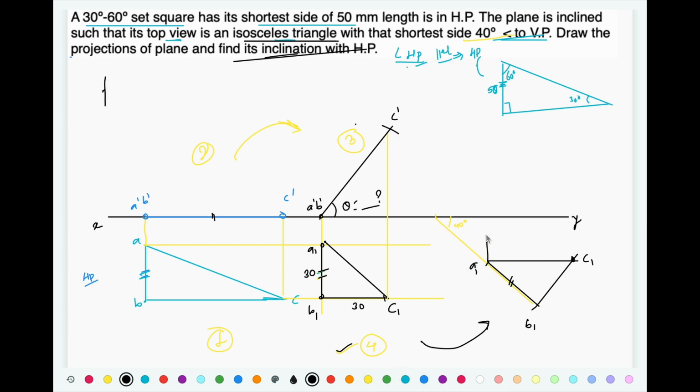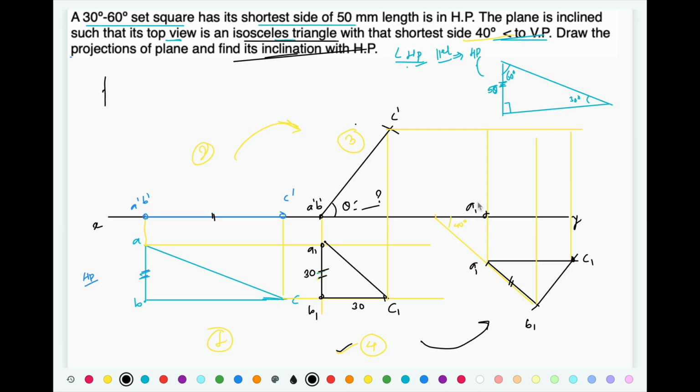Now project all the points for the front view. Let me change the color. So this is projector through A1, B1 and C1. Similarly take projections from here also, and now connect the respective points.